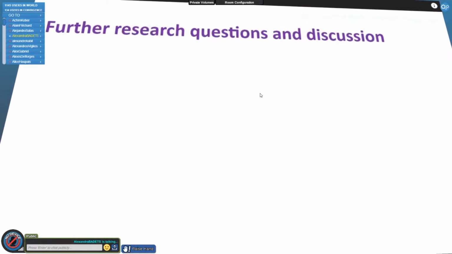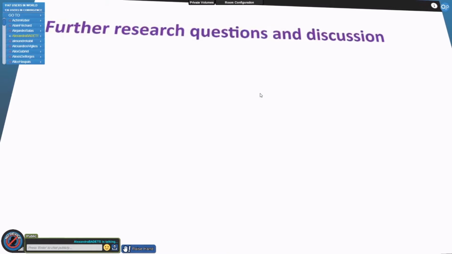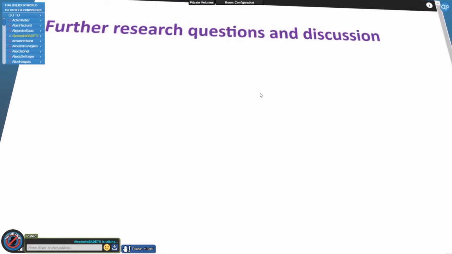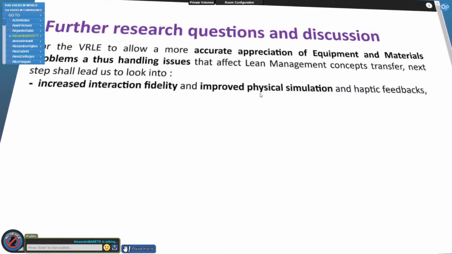So in the next experimental stage, because we're going to go on with this project, to allow for more accurate appreciation of important lean manufacturing issues such as equipment, materials and handling problems, the VR environment will be enhanced. So first, with increased interaction fidelity, with improved physical simulation and haptic feedbacks.